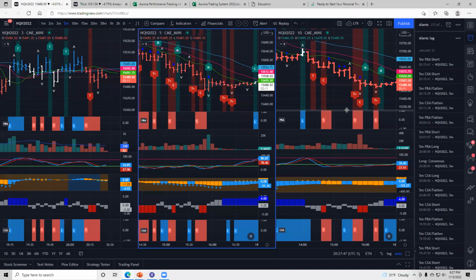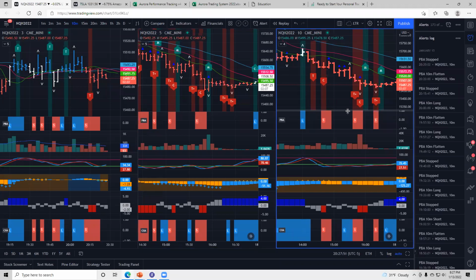You definitely want a 10-minute PBA stop set up. But if you go through the rules and understand what the criteria are that we're using for entry and exit, you can limit your alerts to just those.